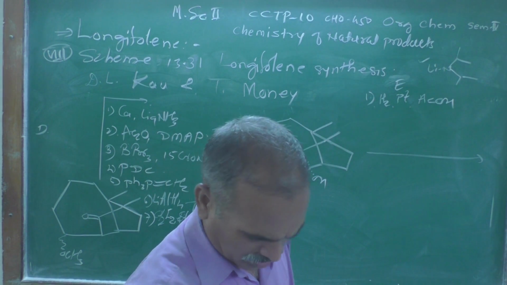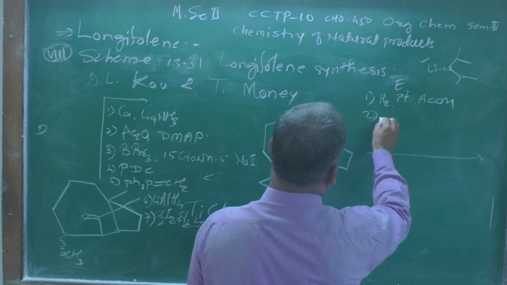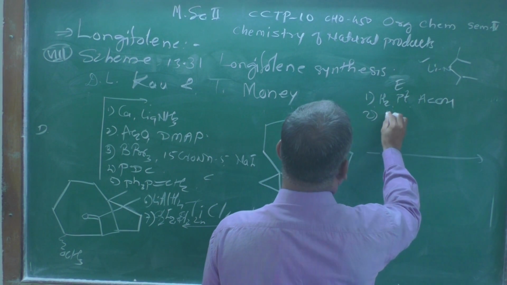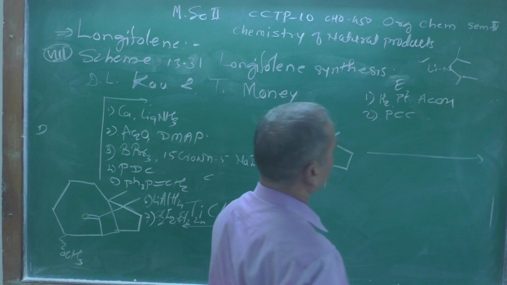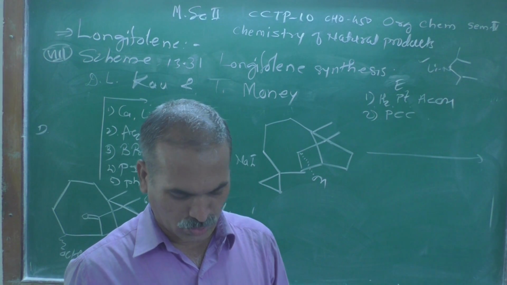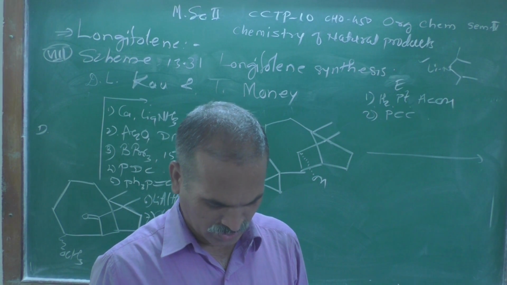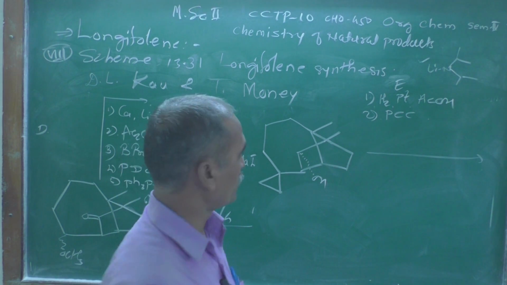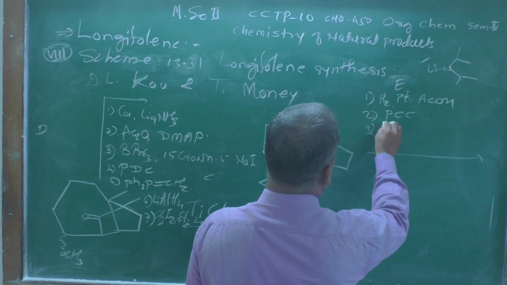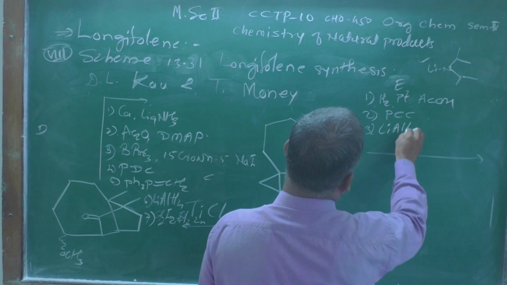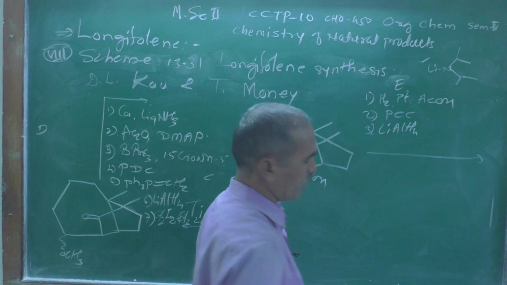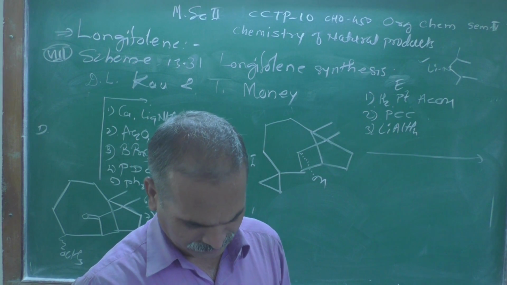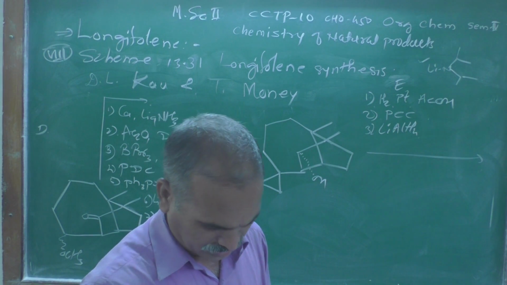The second reagent will be PCC, that is pyridinium chlorochromate, which is an oxidizing reagent used here. Then third one, lithium aluminum hydride, which is a reducing reagent used in this reaction.